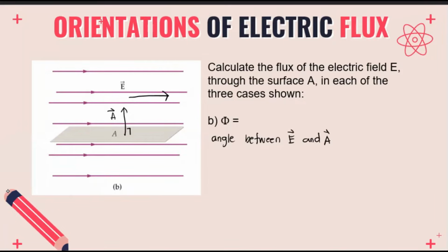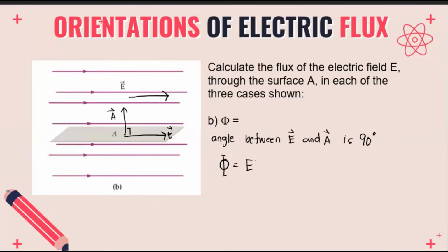So what is supposedly the direction between them? So kung ipo-plot natin dito yung ating electric field vector, ang layo nila sa isa't isa would be 90 degrees.